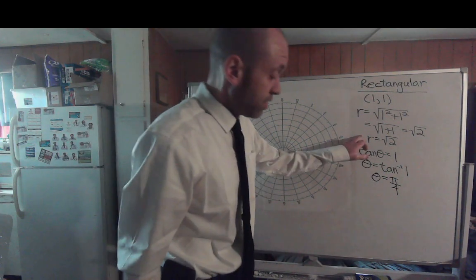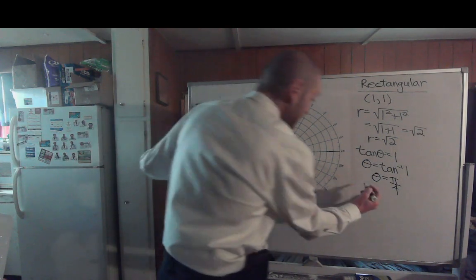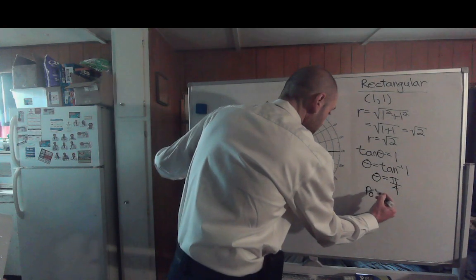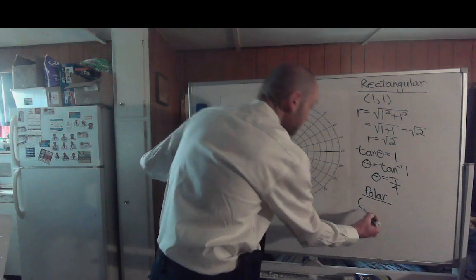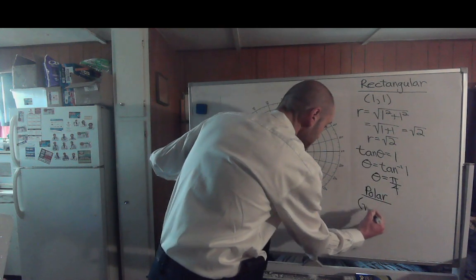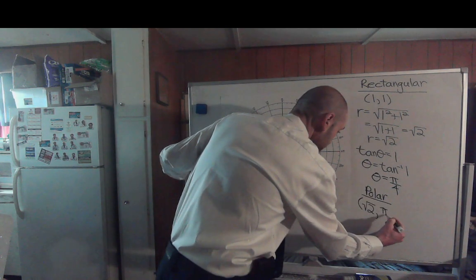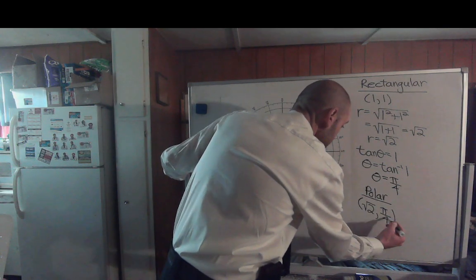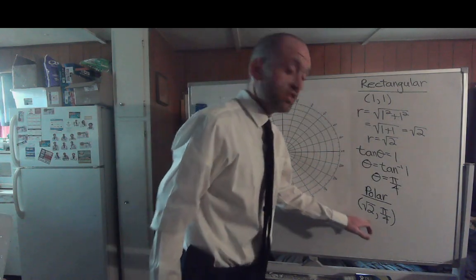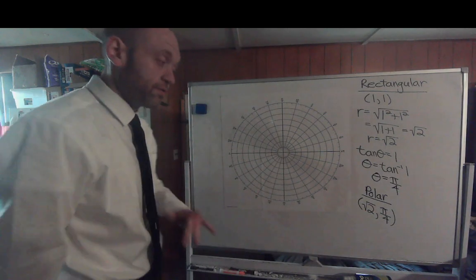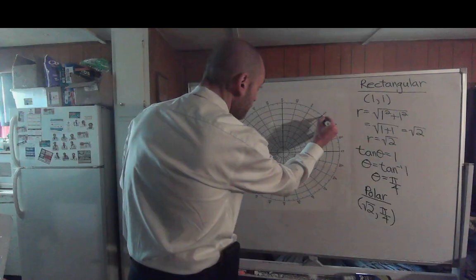So we have our r, we have our theta. So we can now put this together to get our polar coordinate of r, theta. R is the square root of 2. Theta is pi over 4. So the polar form of 1, 1 is going to be the square root of 2, pi over 4. So here is pi over 4 right here.